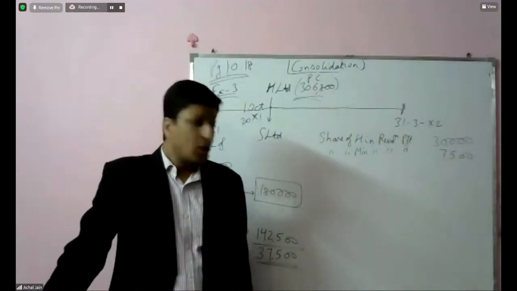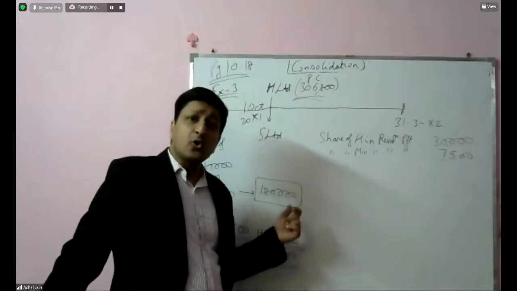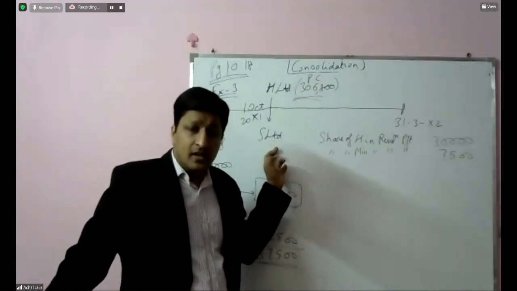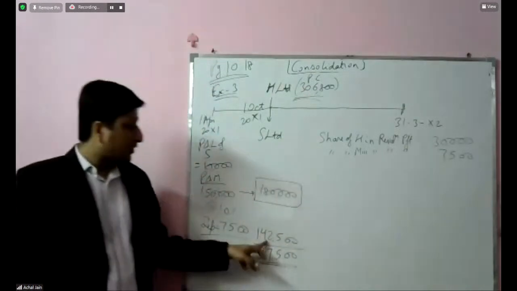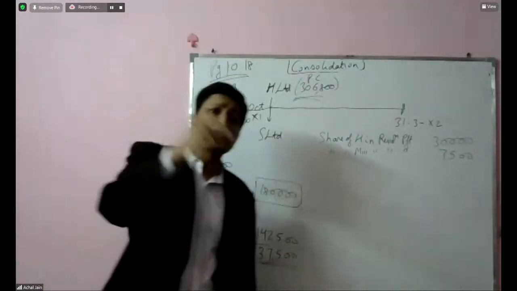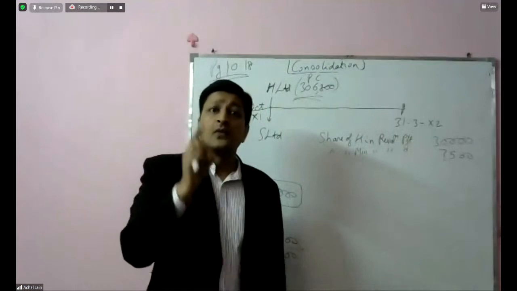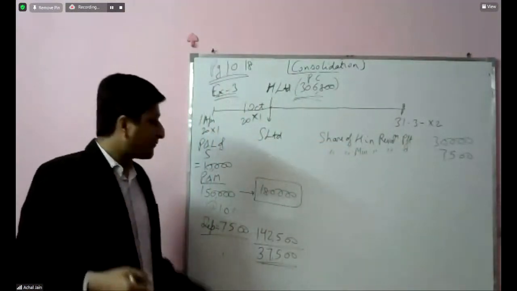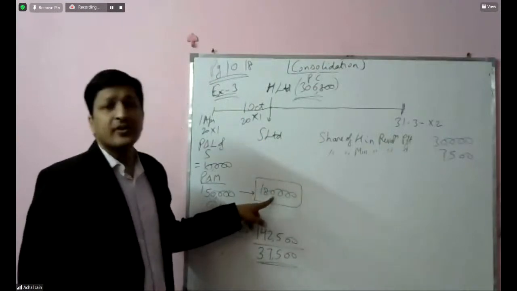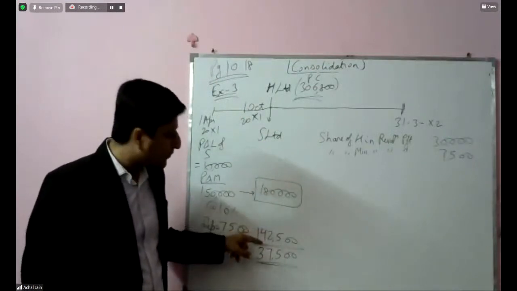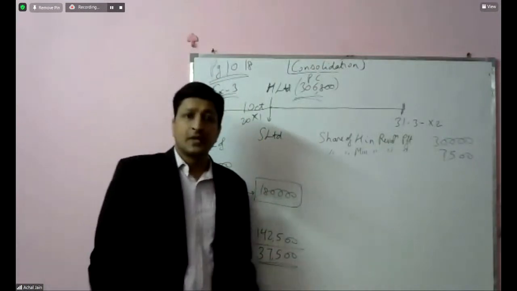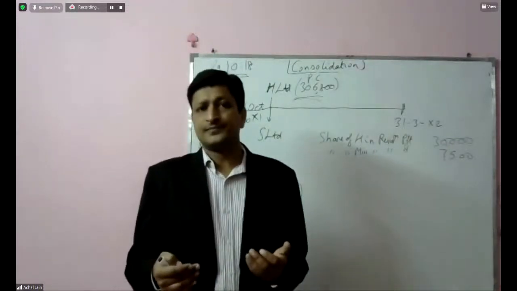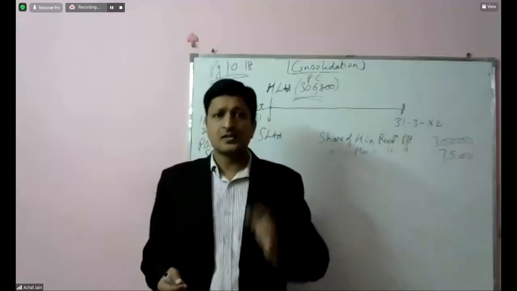No. It will continue to be recorded in the financial statements of S at 140. But for the purposes of consolidation, this value will have to be looked at as if it's 180 instead of 142,500. That is also called a consolidation adjustment. Clear on this?